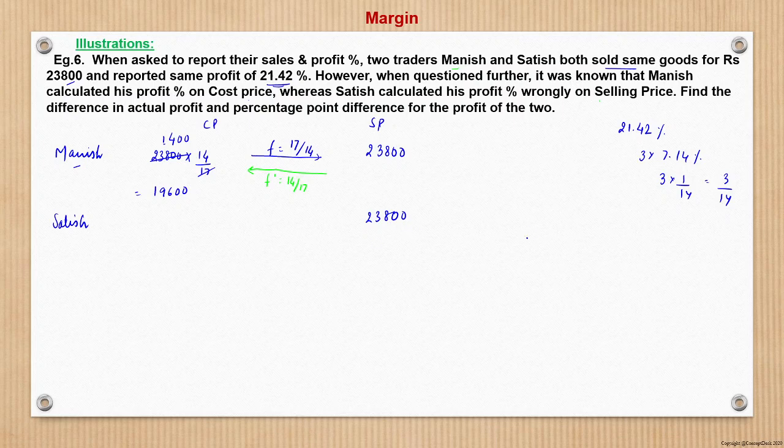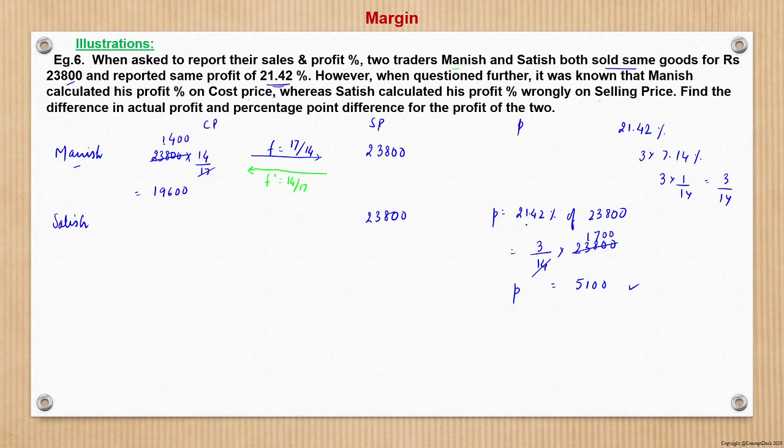So that means his profit is 21.42% of 23,800, which is nothing but 3 by 14 of 23,800. So this means that 5,100 is the profit here, right? See, basically the profit amount for him is correct.